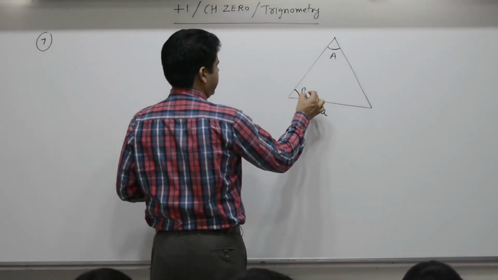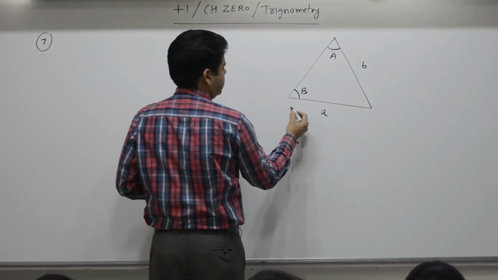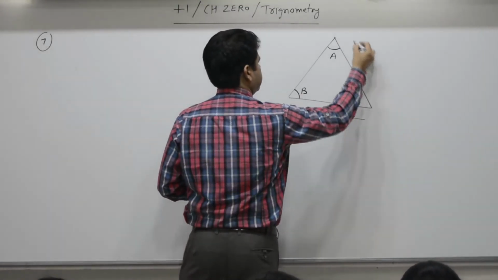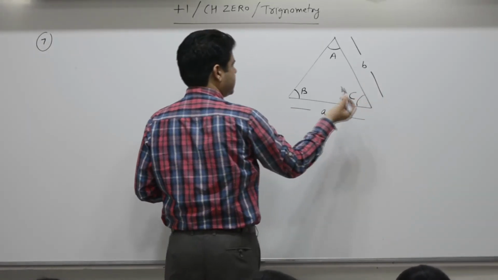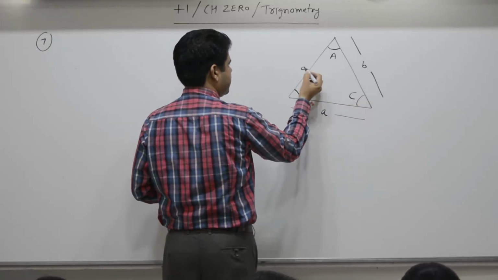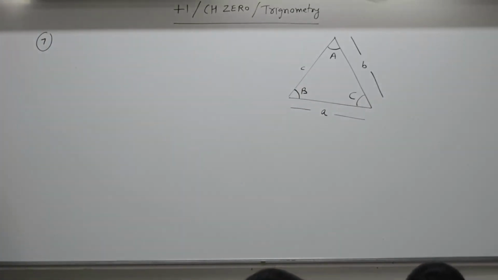This angle is B and the opposite side is small b. This angle is capital C, it is difficult to distinguish this capital C and small c, but you can try.